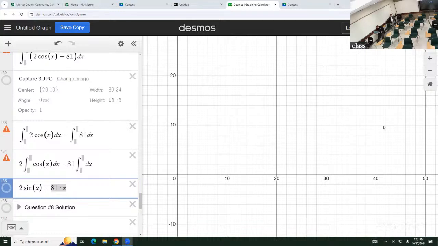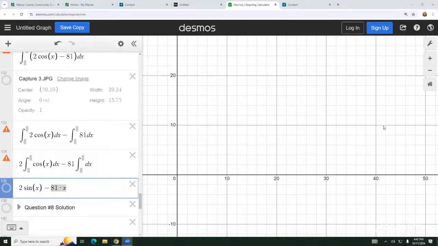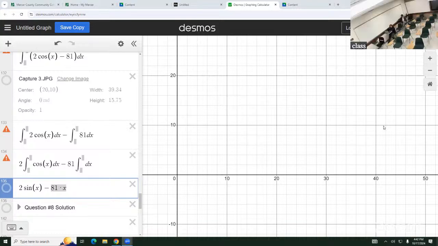Mahir, what's the derivative of 81x? Not the antiderivative. What's the derivative of x squared, Mahir? 2x. Okay. What's the derivative of 2x?